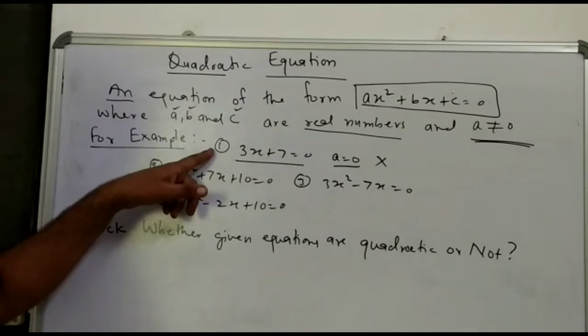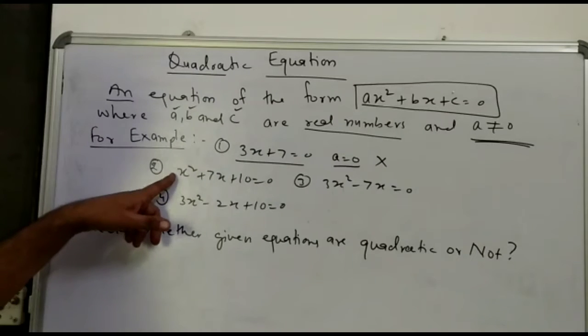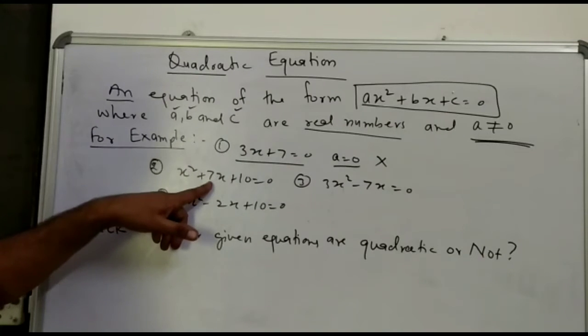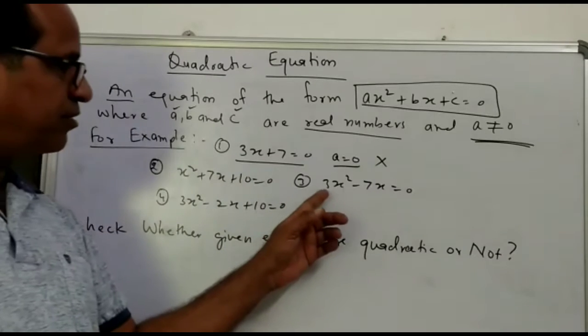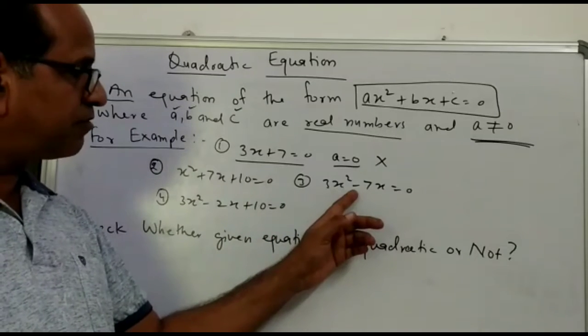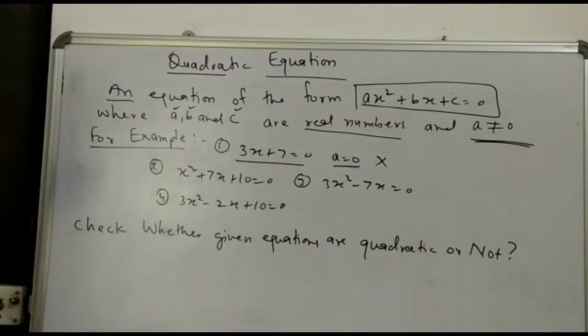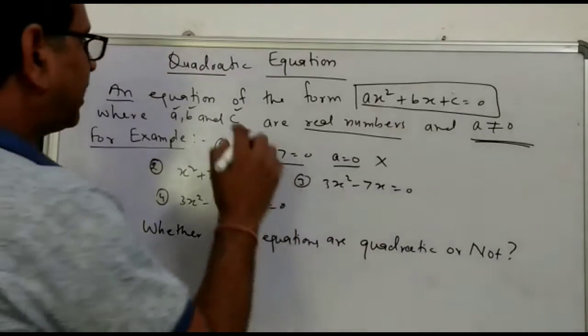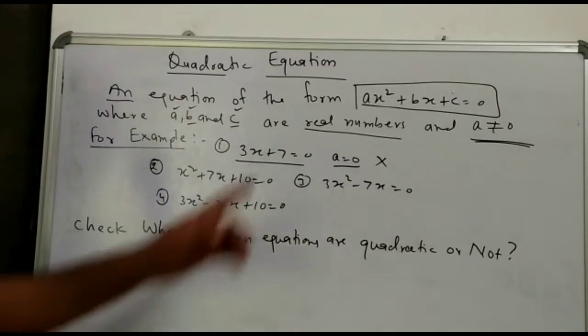The first is not an example of quadratic equation, but you see this. In this, the value of a is equal to 1, the value of b equals to 7 and the value of c equals to 10. In this, the value of a is 3, the value of b is minus 7 and the value of c is equal to 0. It means the value of b and c, they can be equal to 0, but a must not be equal to 0.